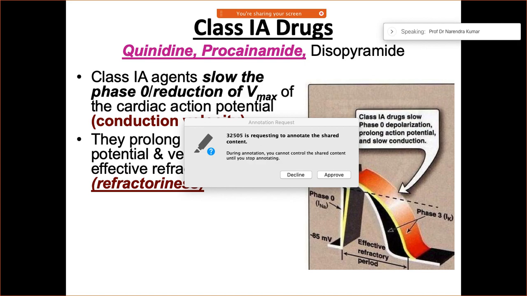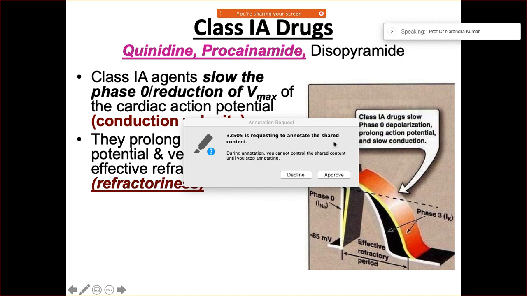About the pharmacokinetics: we are aware that procainamide has very good oral bioavailability, and in fact it is frequently used IV as well, carefully, to avoid hypotension.